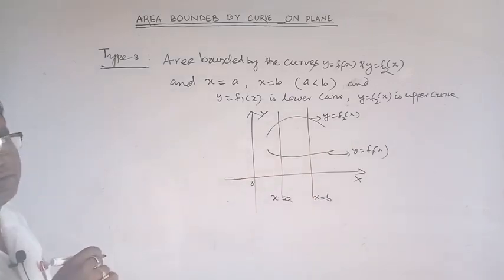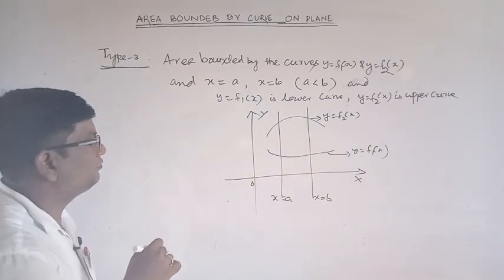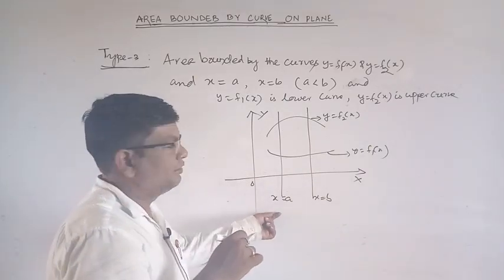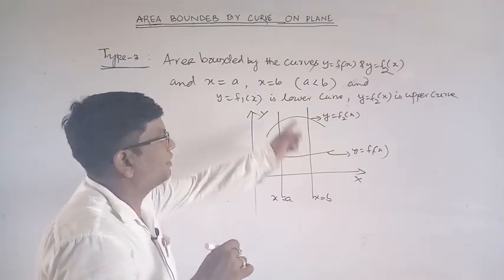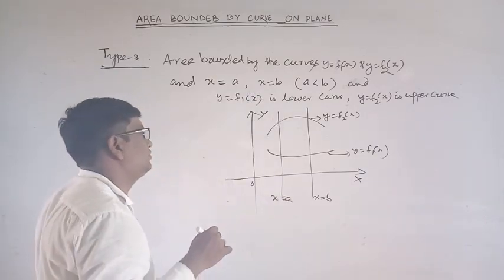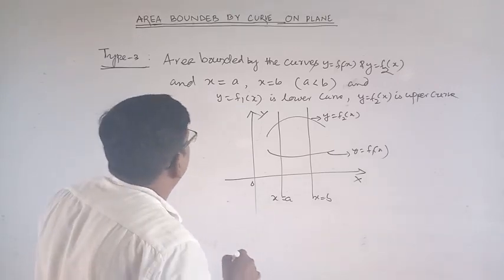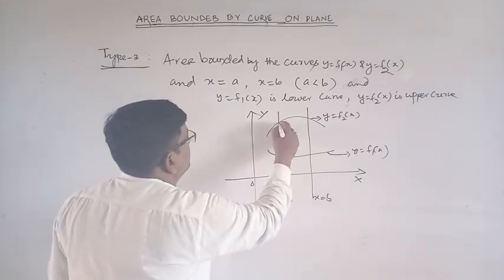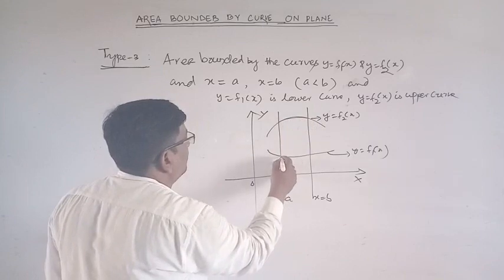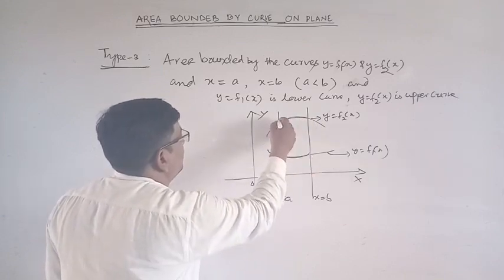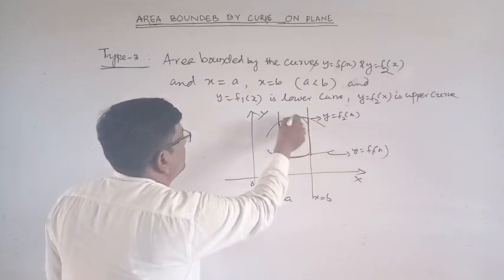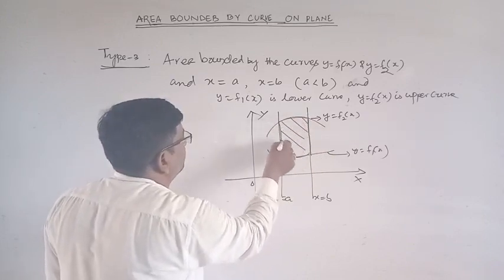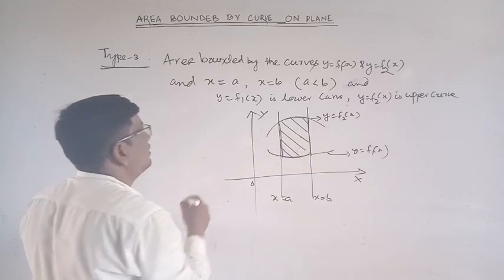The line x is equal to a is a line parallel to the y axis, x equal to b is another line parallel to the y axis, a less than b. So what is the area here? The region lies between this and this, and this area is the required area.